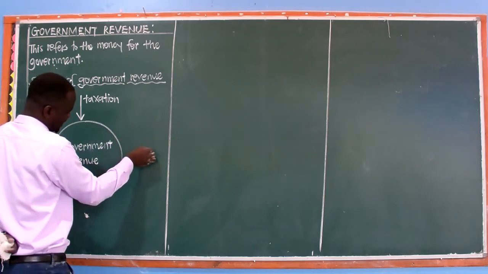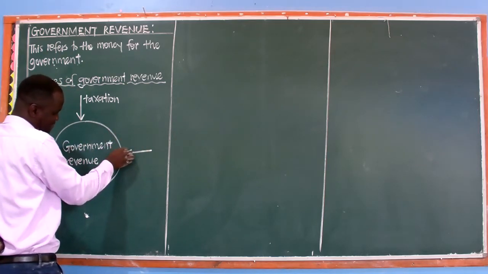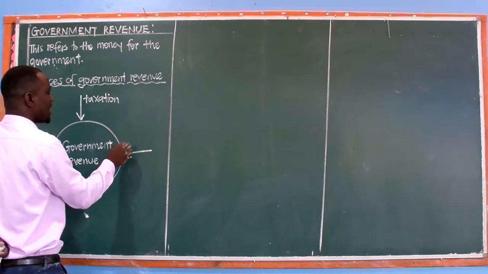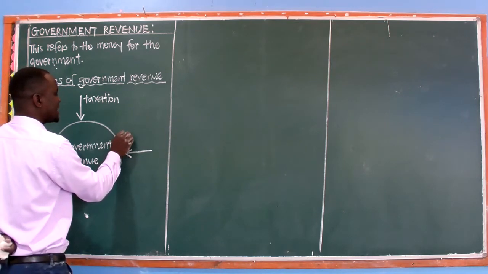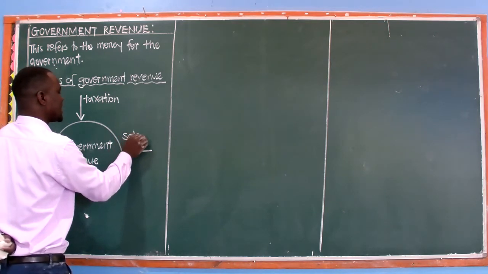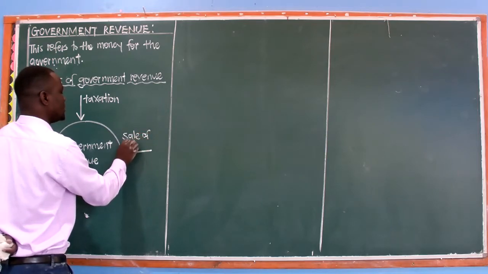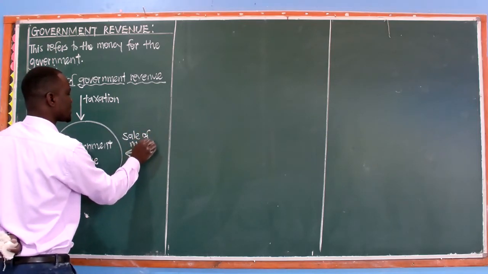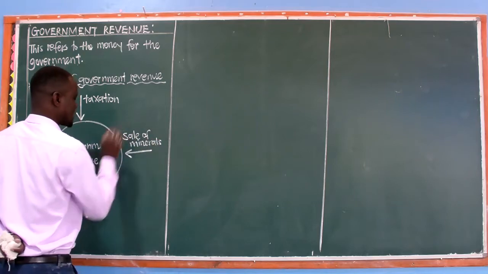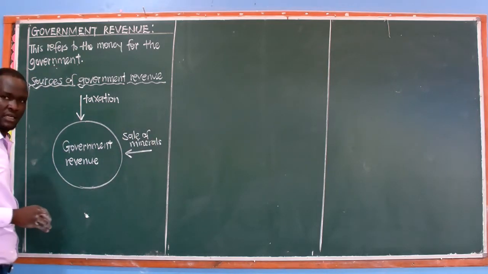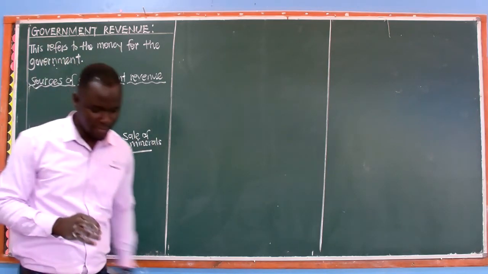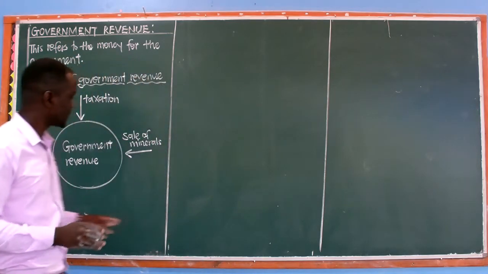Number two, the government gets this money from selling minerals. If a mineral is mined and sold, the government gets the money.